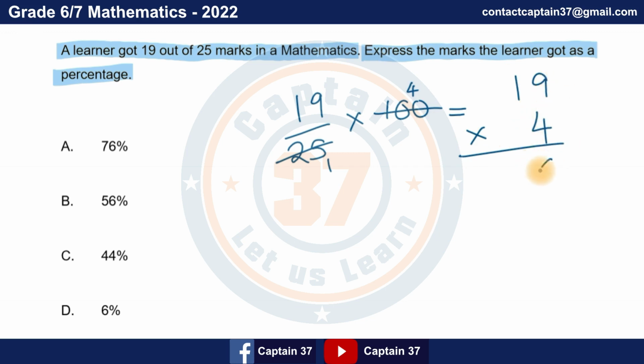So we'll write 6 and carry forward 3. Have that 3 in mind. 4 multiplied by 1 is 4. Plus that 3 is going to be 7. So this is what is going to be as a percentage. Is it A? 76? Yes. The answer to this question is A.